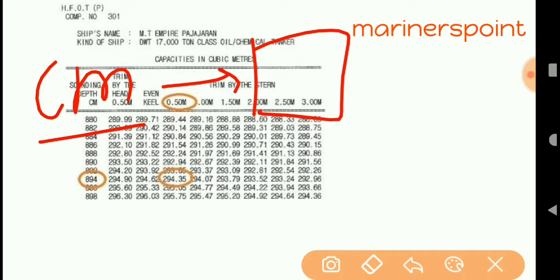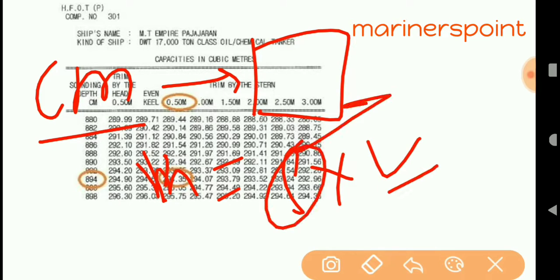I also mentioned how we calculate if there is a difference: if you get somewhere in between 90 to 95, that means 93, 92, then use the unitary method. After getting volume, you calculate mass, density into volume, and density you will know at particular temperature, you know the formula.